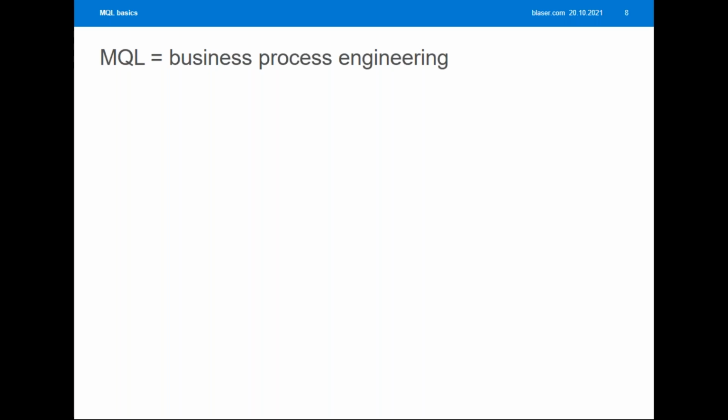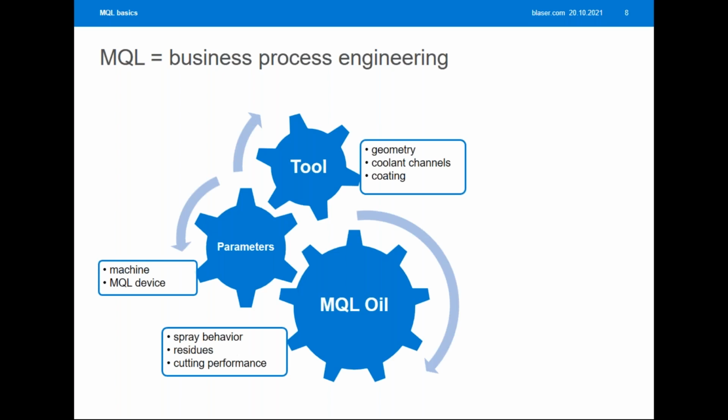Probably the key element of MQL is the process engineering, to really look at the process as a whole and also identify what brings the most value for a customer.